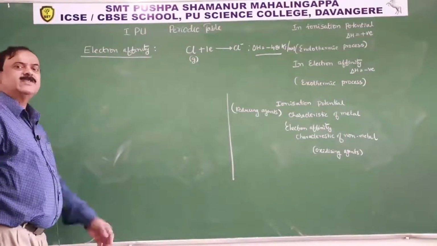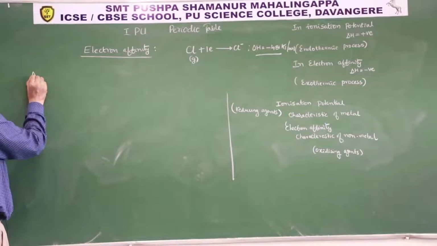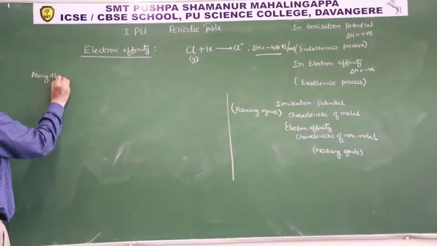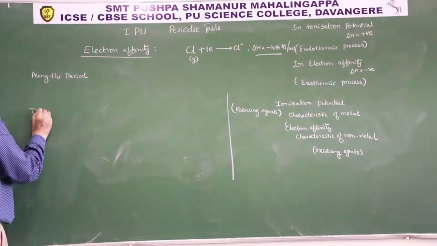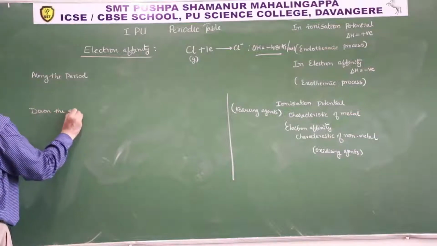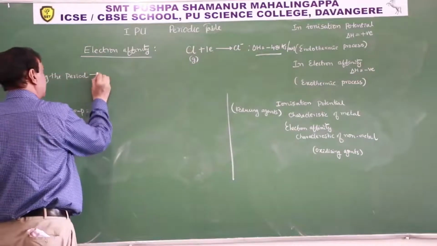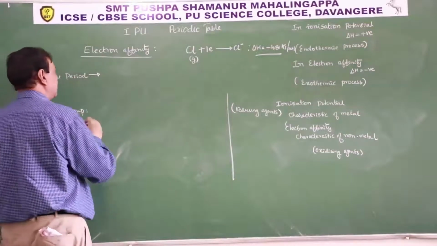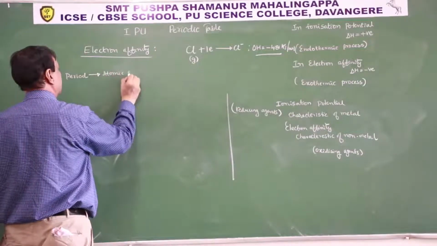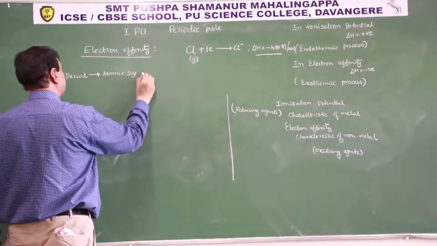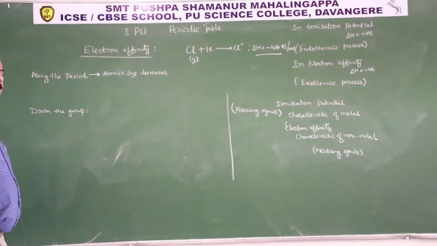Now, it depends upon various factors: how it varies along the period and down the group. Along the period, atomic size decreases.